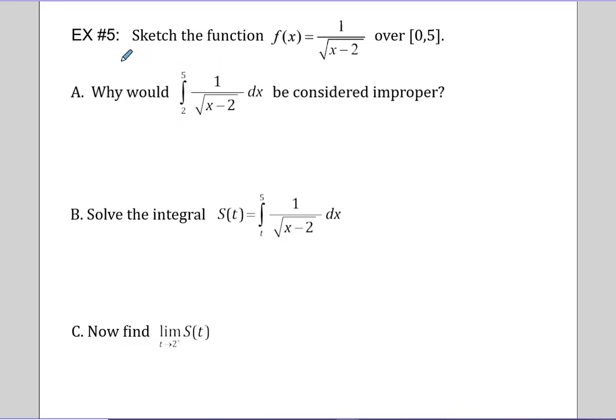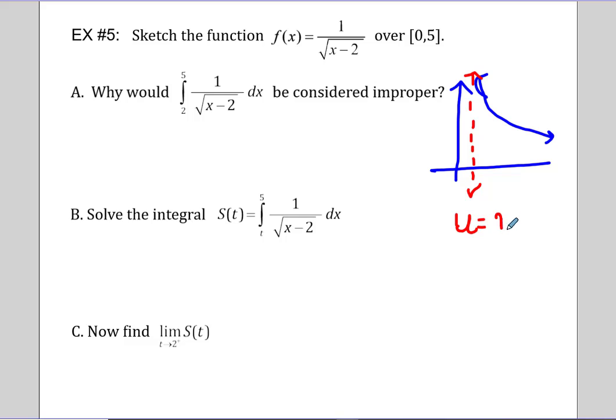In example 5, we want to sketch the function f of x as 1 over radical x minus 2 over the interval from 0 to 5. And that would look like a branch here. We've got a break in the graph. And we're going to use u is x minus 2, and then du would be dx.